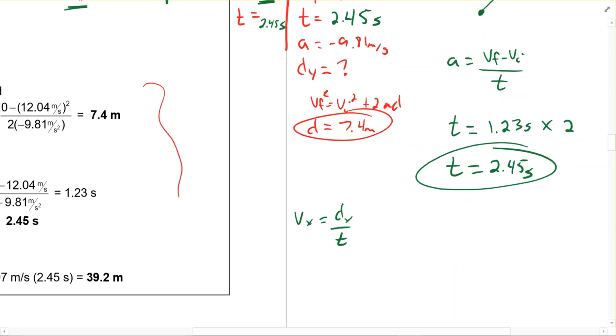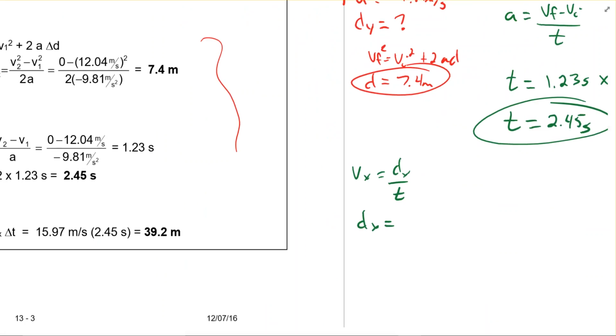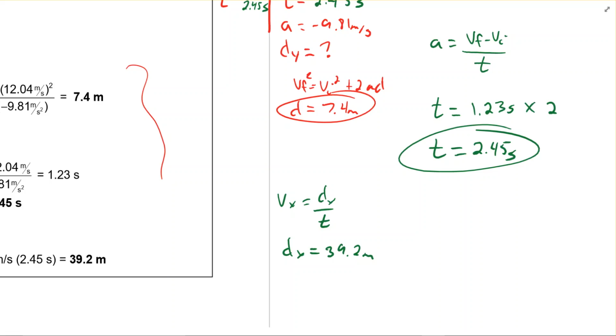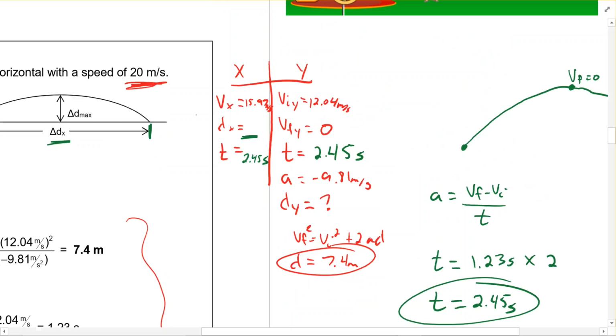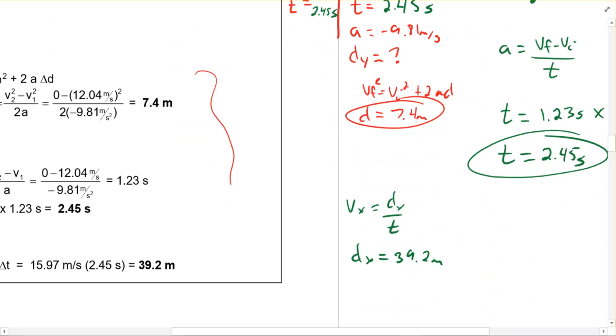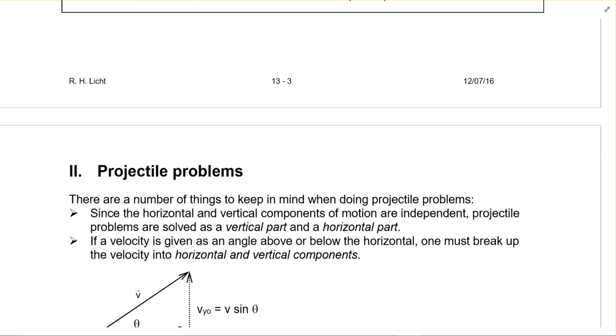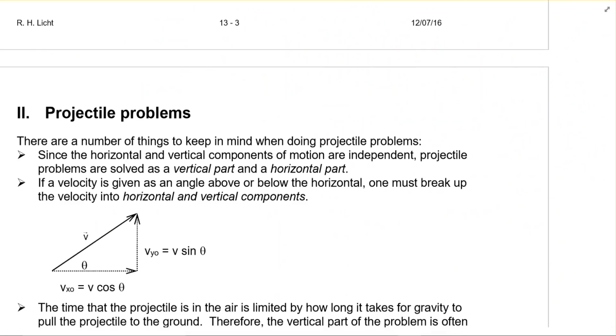If you solve for dx there, you get 39.2. But make sure when you do that, you were using Vx, right? You're 15.93, so in the x direction. Okay, hopefully that made sense.